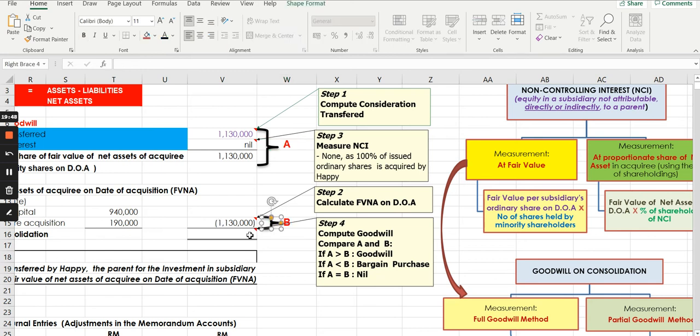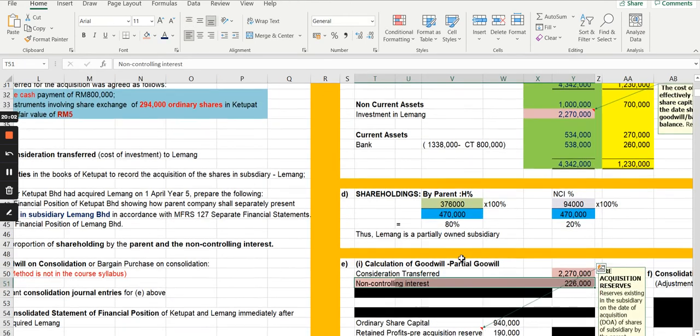B is the fair value of net asset. Goodwill will arise if A is more than B. If it's vice versa, it will be a bargain purchase. In our case, it is going to be goodwill.